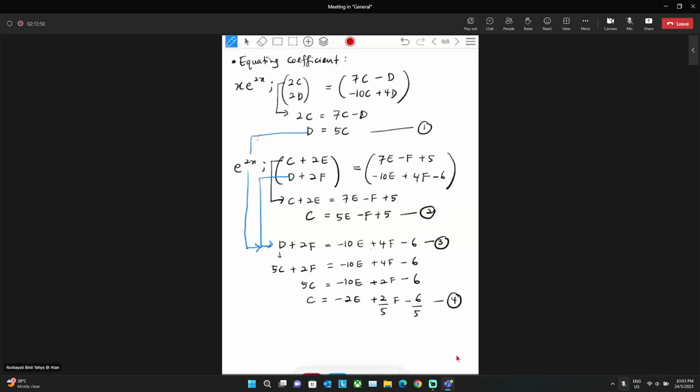Okay, can? So class, right now, if you can see here, C, okay, 5E minus F plus 5, and then another C, minus 2E plus 2 over 5F minus 6 over 5. So this equation 2 and 4, you have two values that equal to C, and then you can use this way.